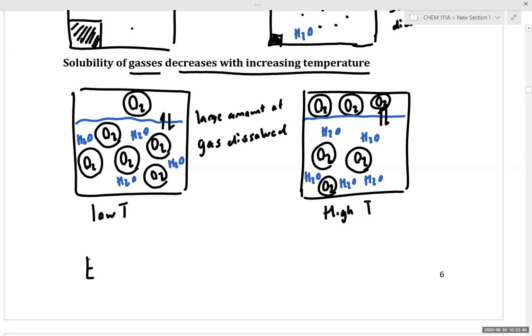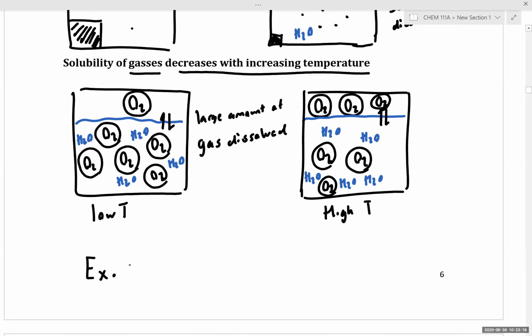So another example of this: in this first case, we see the amount of oxygen dissolved in water decreases at high temperatures. For example, if you happen to be a goldfish swimming in a low temperature solution, you have no problems whatsoever. But if you increase the temperature, suddenly there's not as much oxygen and the fish begins to jump out of the water as it can't get enough oxygen.